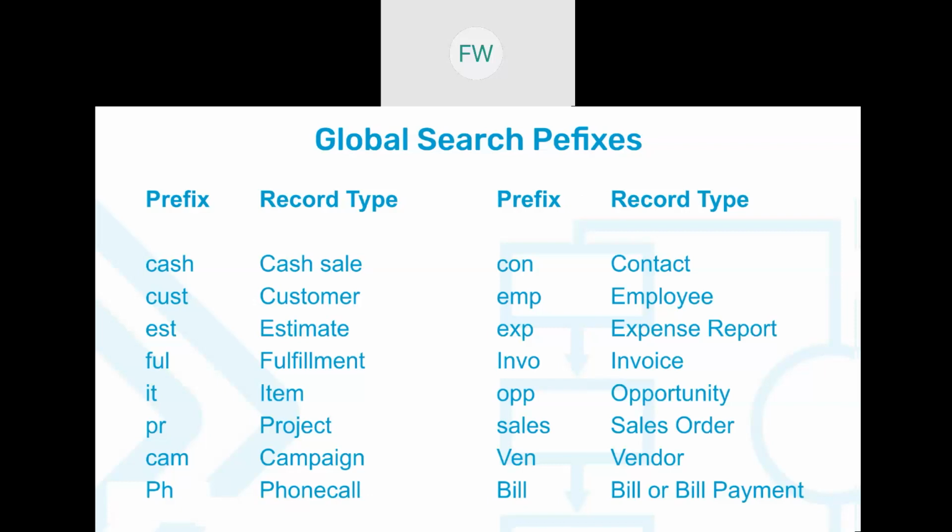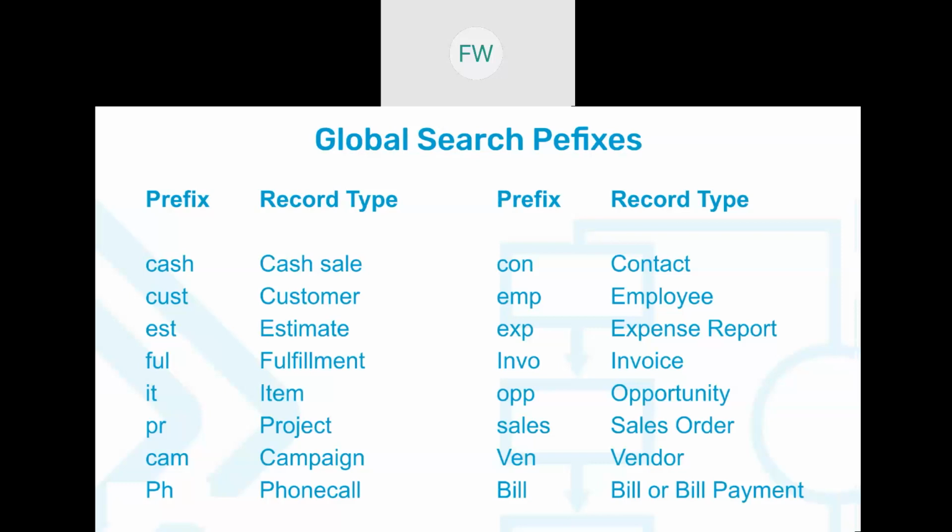As you can see, the more letters you use in your prefix, the more limited your results will be. Like I said, if you use CON for contact and CU for customer, it will limit the results. So you can use those for entities, for transactions, for phone calls, for example. So for a lot of different transactions and entities.